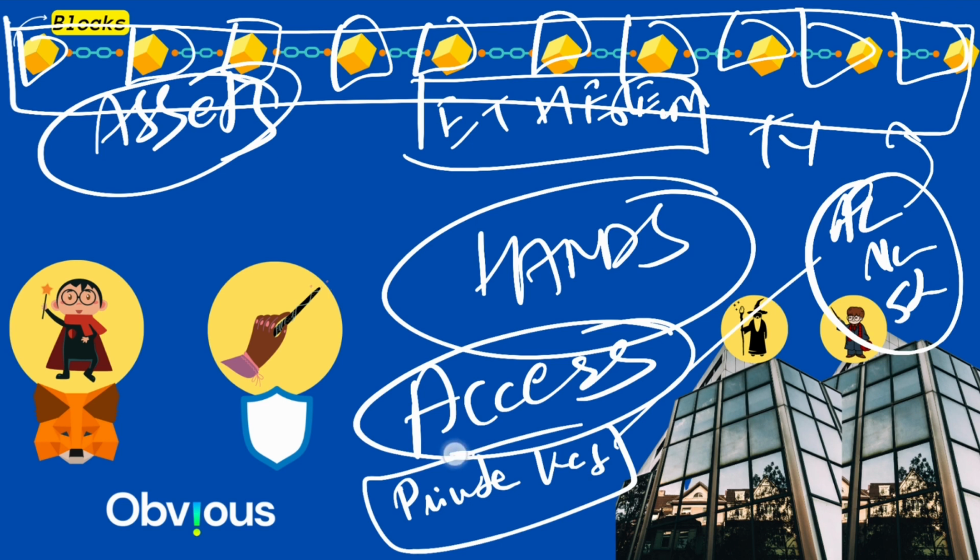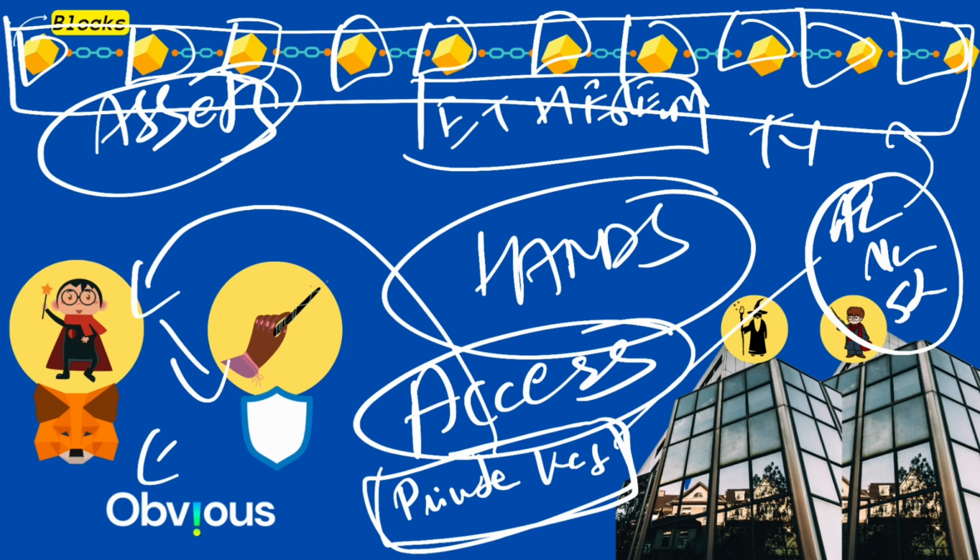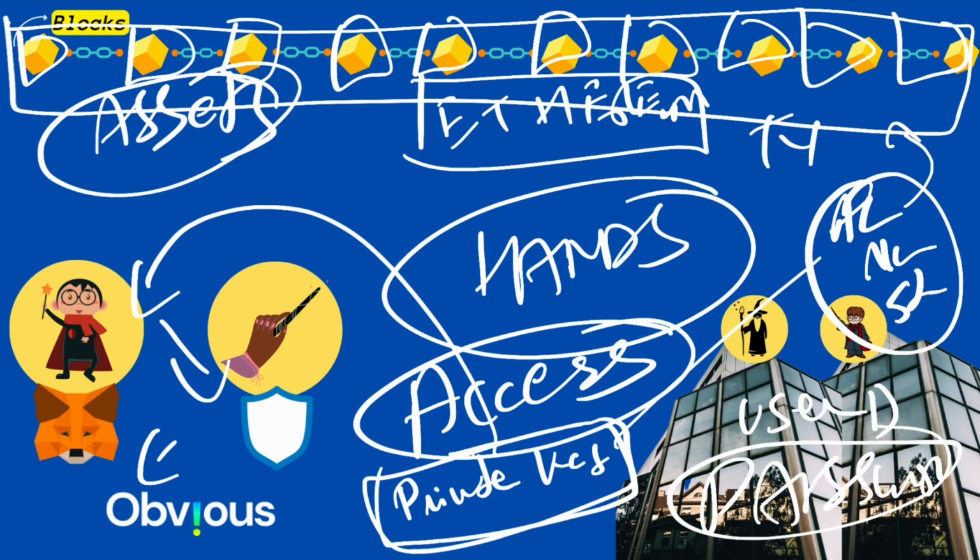Now, this private key, if you want to store it with yourself, you use a wallet like Metamask, Trust Wallet, or Obvious Wallet. And if you want this private key and all the transactions to be abstracted for you, and you just want to use a simple user ID and password like we do in an email app or Gmail, that is the convenience which an exchange gives you.